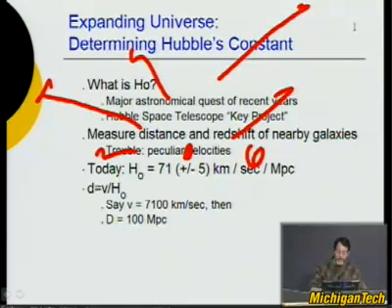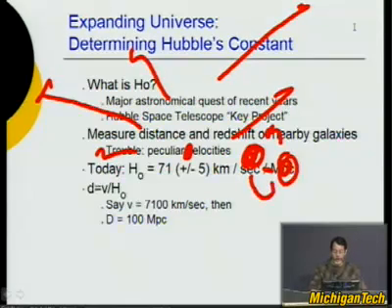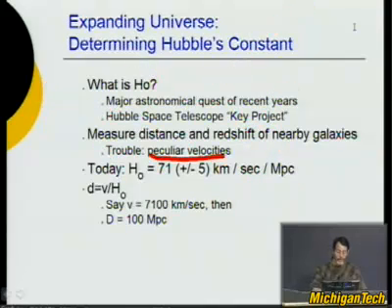However, galaxies near each other tend to want to attract each other and go in orbit around each other, and they develop velocities that are not part of the Hubble expansion. And those are called peculiar velocities. So it's been tough to get rid of the errors inherent in peculiar velocities in determining Hubble's constant.